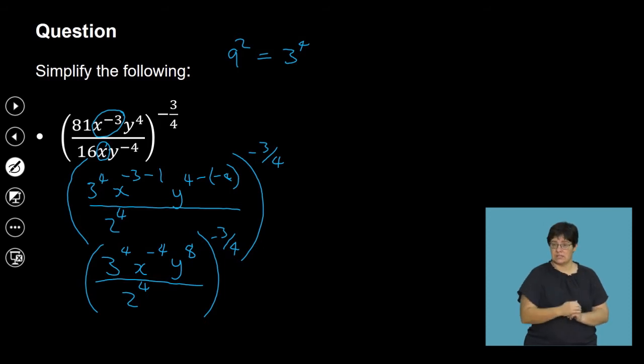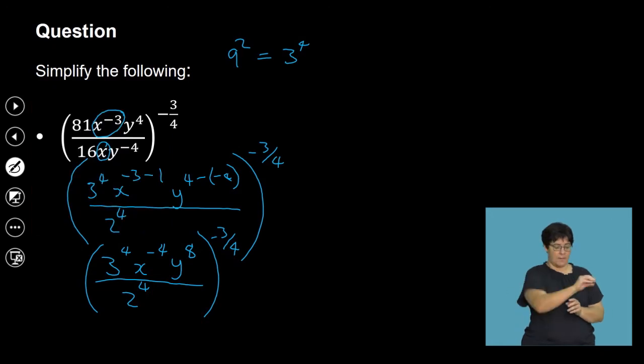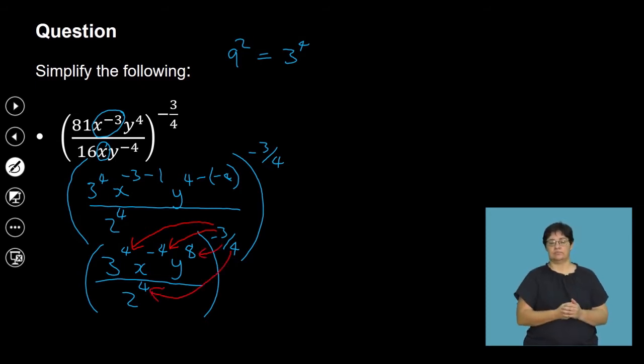Remember, the law says here, you distribute the negative 3 over 4 to everything that is inside the bracket. So I will distribute this. Let me quickly use a different color. I will distribute this to that 4, to that negative 4, to the 8, and to that 4 there.